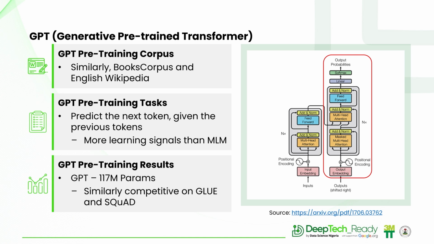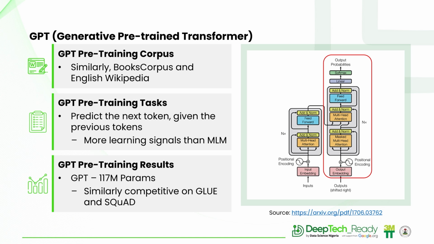This task provides more learning signal than BERT's masked language modeling, as the model learns to generate coherent sequences by understanding word dependencies. As for the pre-training results, the original GPT had 117 million parameters and performed similarly well on benchmarks like GLUE and SQuAD, showing strong capabilities in language understanding and answering questions.